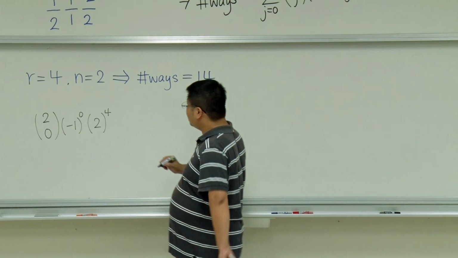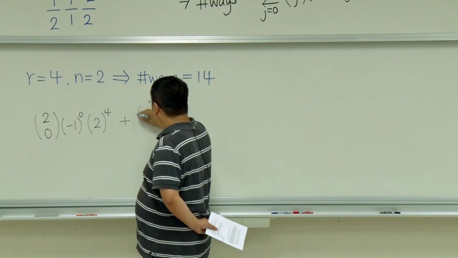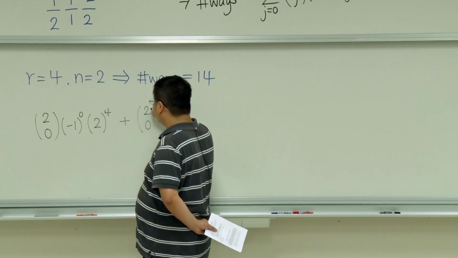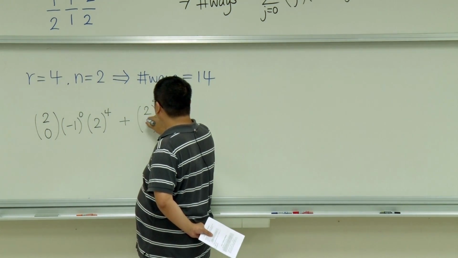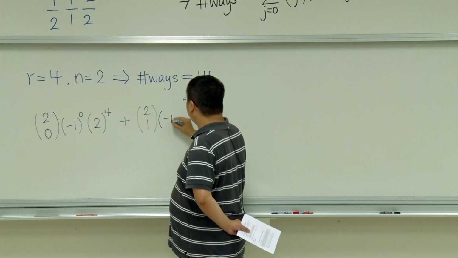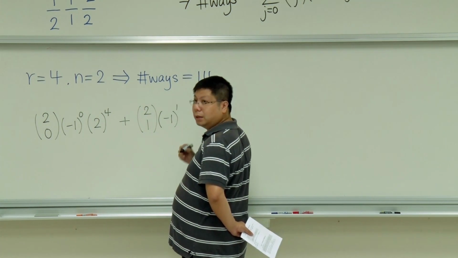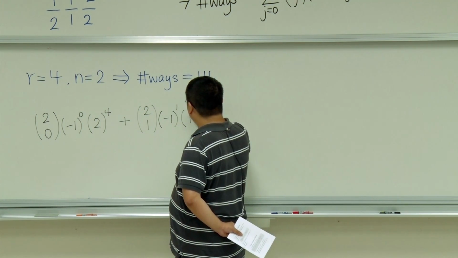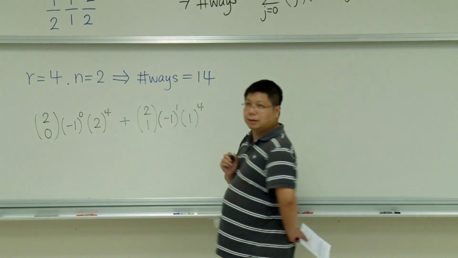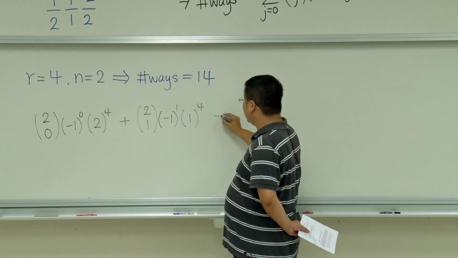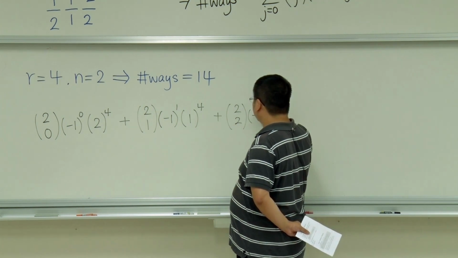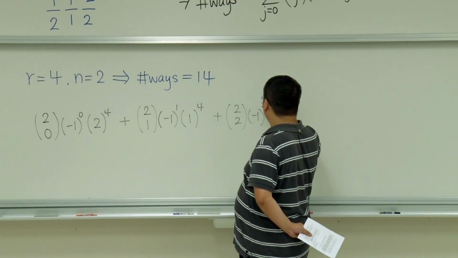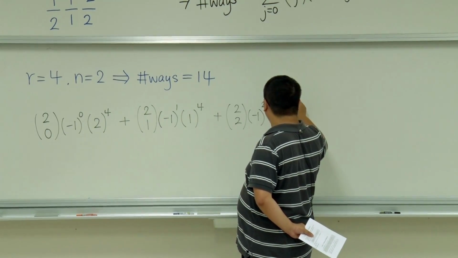And then the second term will be 2 choose 1, times minus 1 to the power 1, times 1 to the power 4. Is that okay? And then the last one is 2 choose 2 times minus 1 to the power 2 times 0 to the power 4.